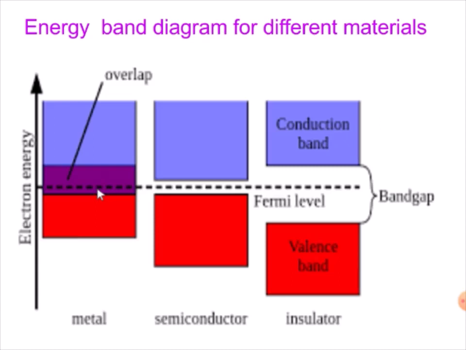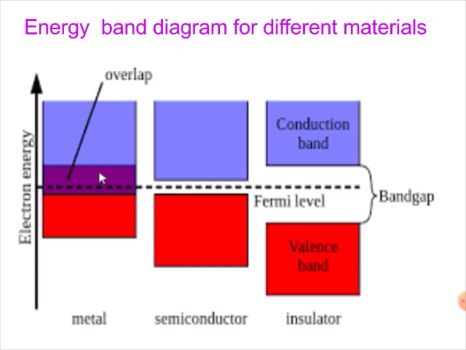When an electron is above this Fermi level and reaches the conduction band, only then can conduction take place. But in this case, some electrons are already there above the Fermi level, because this portion somewhere here is in the valence band as well as in the conduction band, well above the Fermi level.